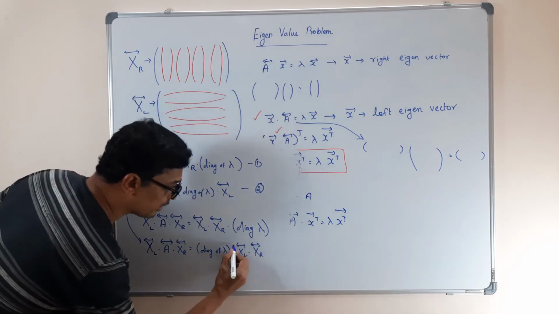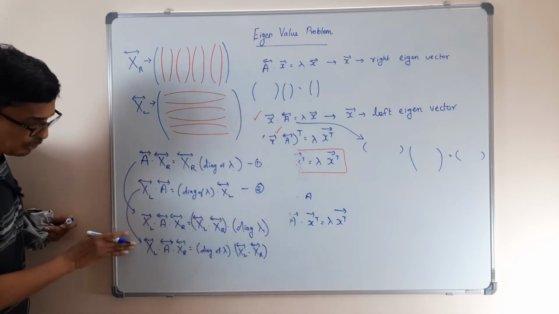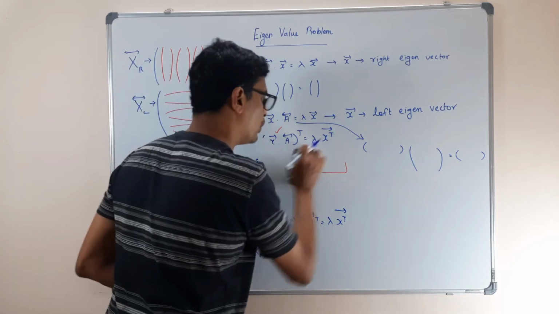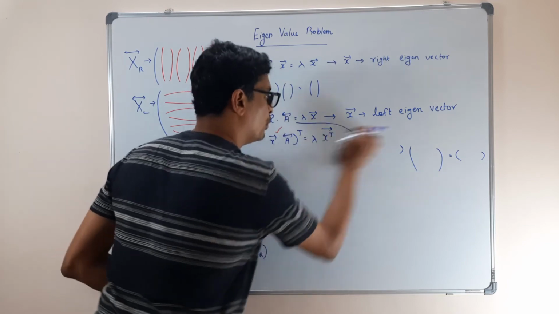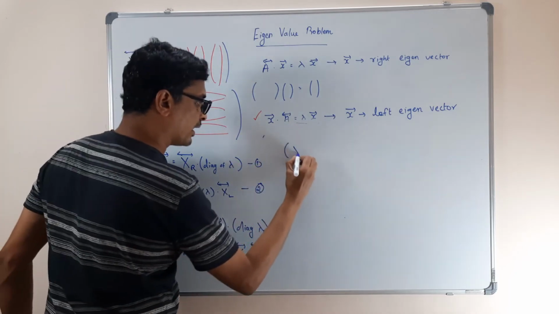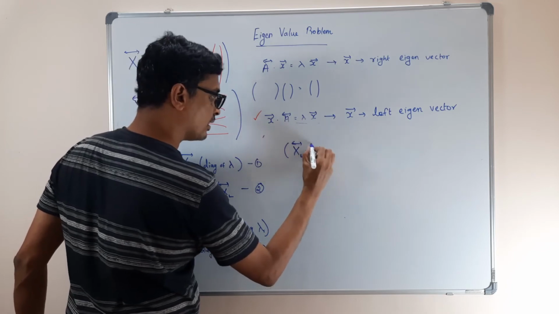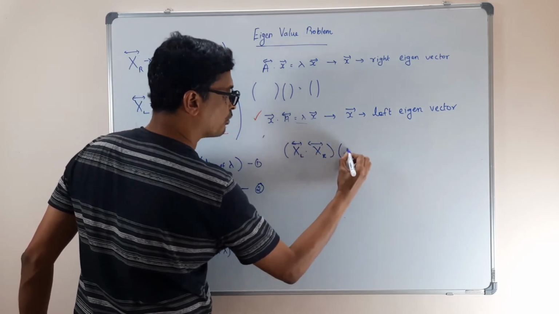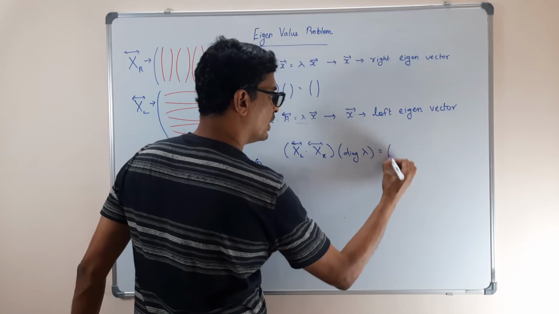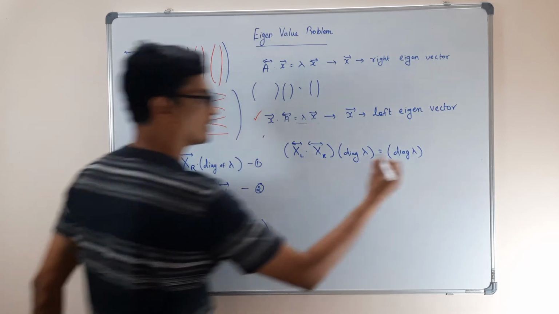So now let me club these. Now the left hand side is the same, so both of these should be equal. So what we are getting from here is XL dot XR into a diagonal matrix lambda will be equal to a diagonal matrix lambda into XL XR.